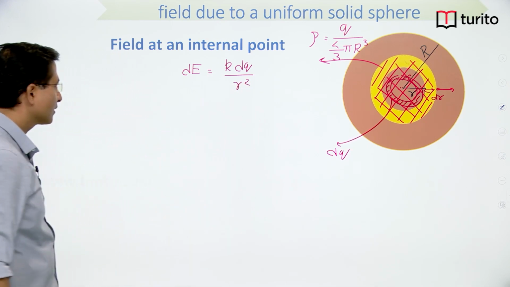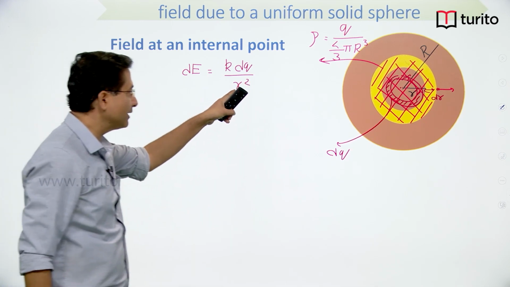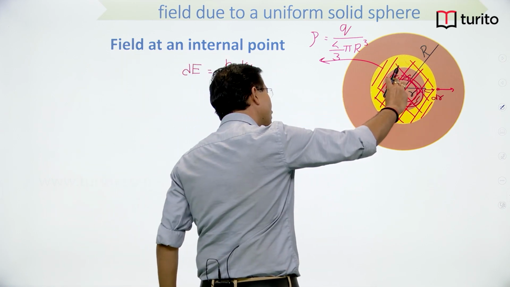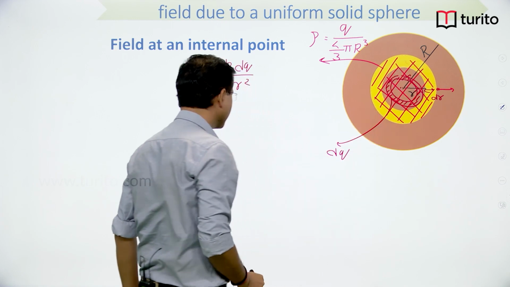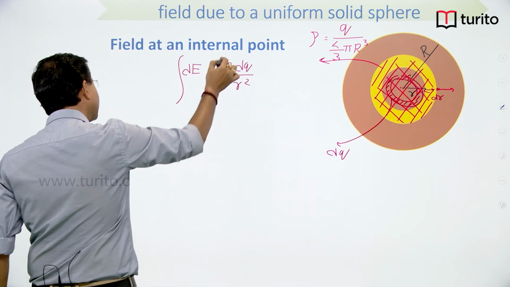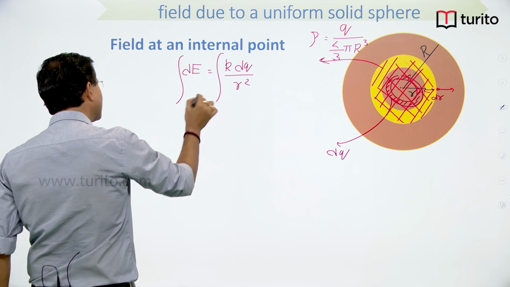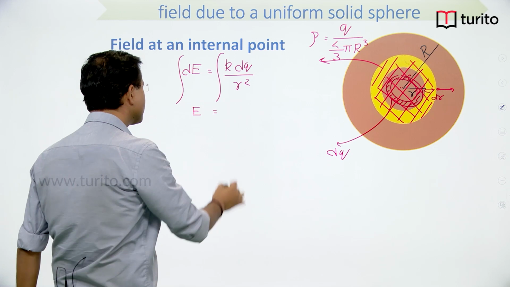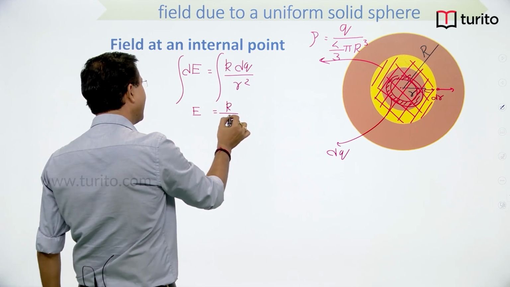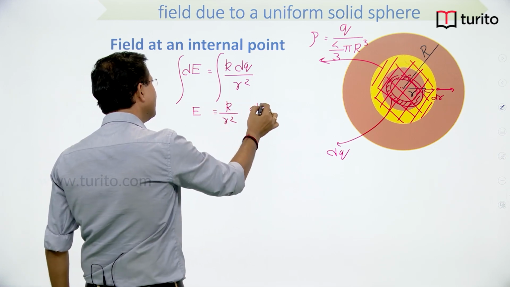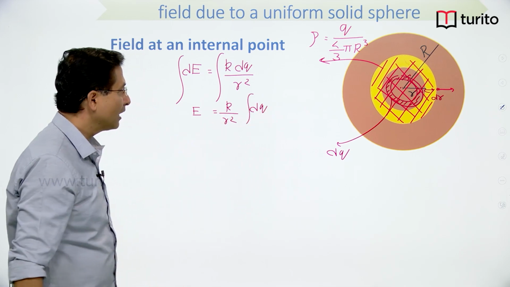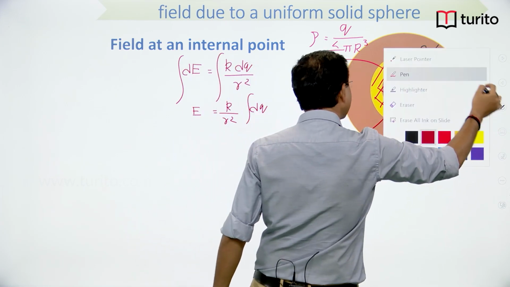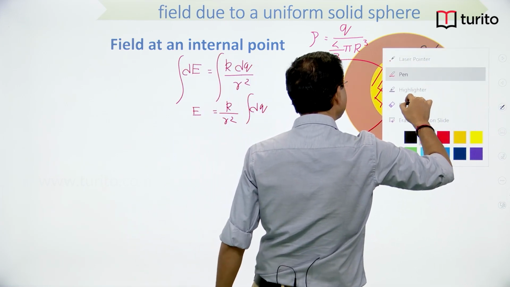Now r is a fixed point where I need to find the field. So if I add the contribution of all shells, then I will get the total field. So to get the total field I need to integrate. So E is equal to k over R square, integral of dq, and from here to here, if I assume this charge to be capital Q, it will become easy to write.